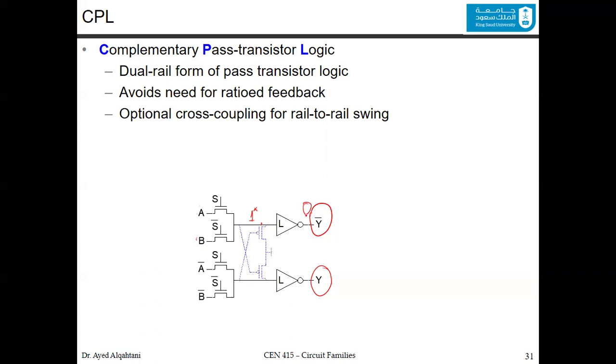If this is 0, then this must be 1 because you actually have A bar and B bar in the input. If this is 1, then this must be 0, and 0 will connect to the PMOS and fully charge this one again. And you can do the same intuition in the other node as well.